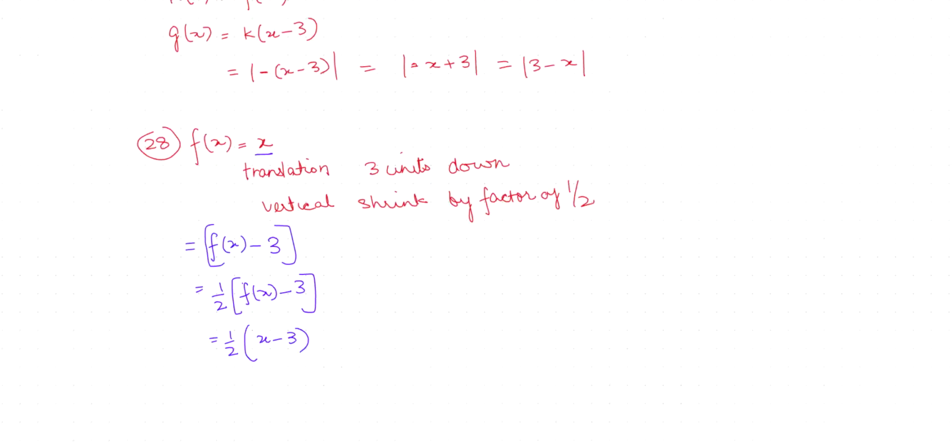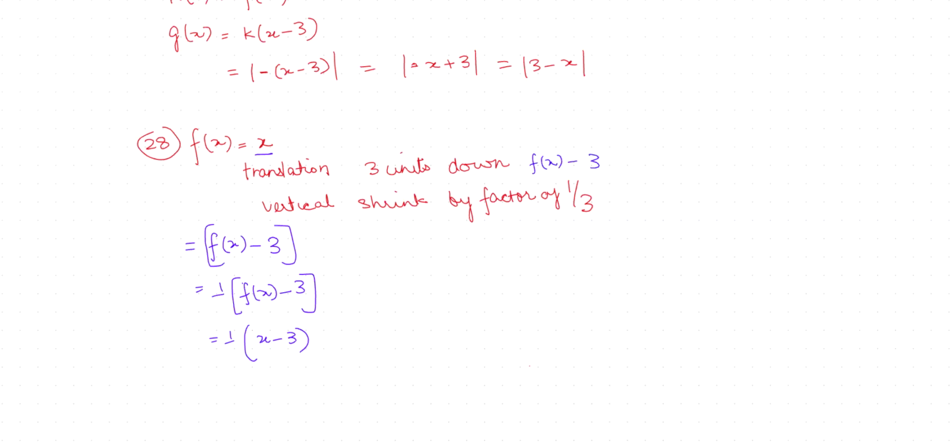Sorry, in the book this question was given as 3 units down and vertical shrink by a factor of 1 by 3. So here, first it translates 3 units down, so it becomes f of x minus 3.